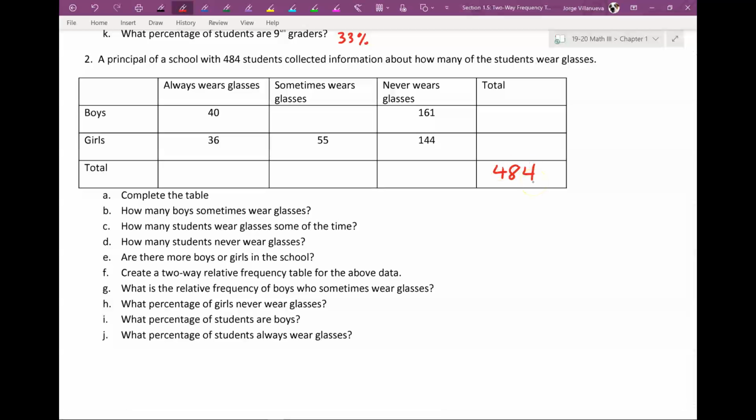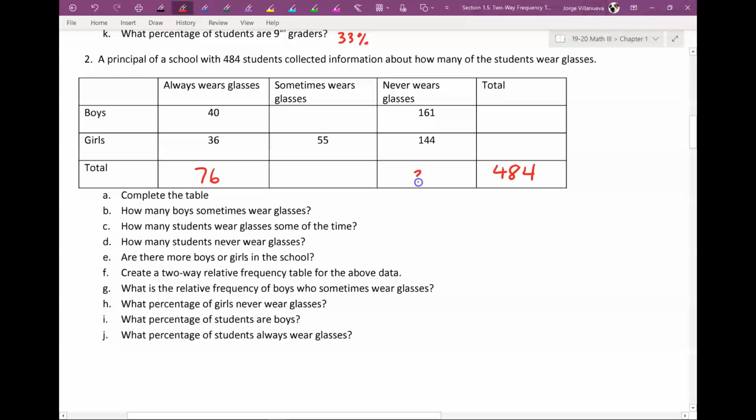Now, I can figure some stuff out. I can add the 40 plus the 36 to get the total number of kids that always wear glasses, right? So that would be 76. That's not too hard. I can figure out the total number of kids that never wear glasses by adding 161 plus 144.